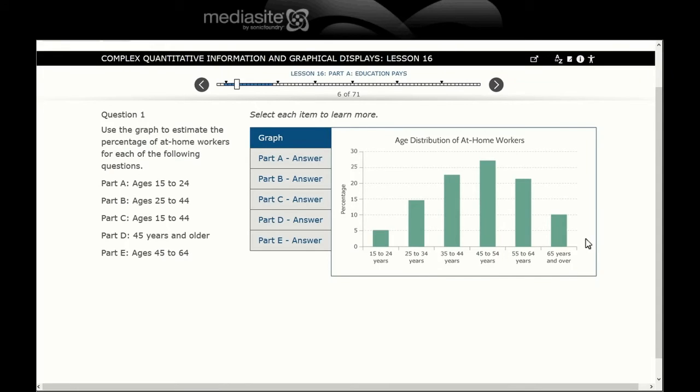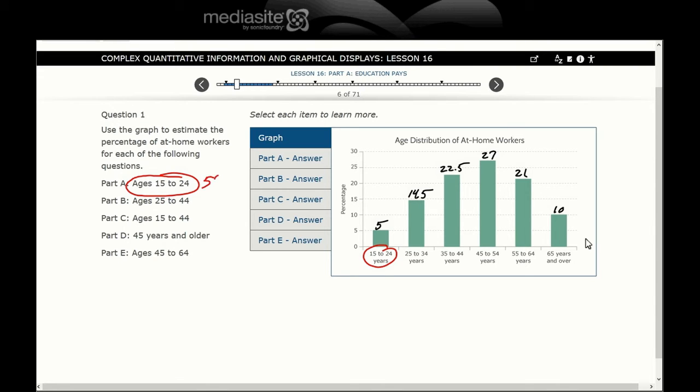Okay, so let's look at this guy. Let's go back where we create those numbers. 5, 14.5, 22.5, 27, 21, and 10. And they want how many at home work between ages 15 and 24.